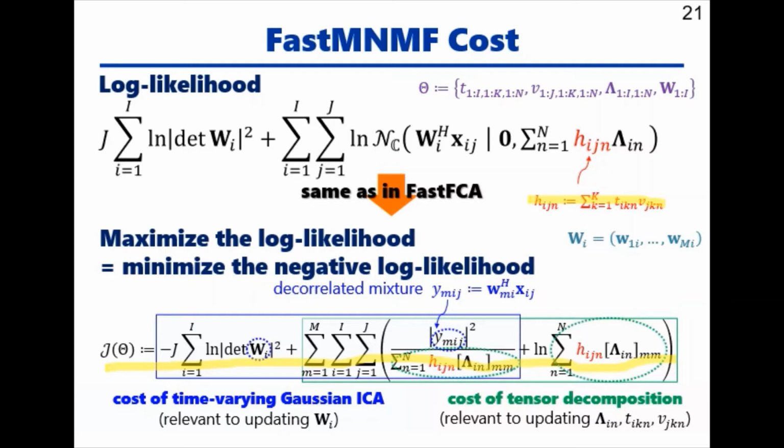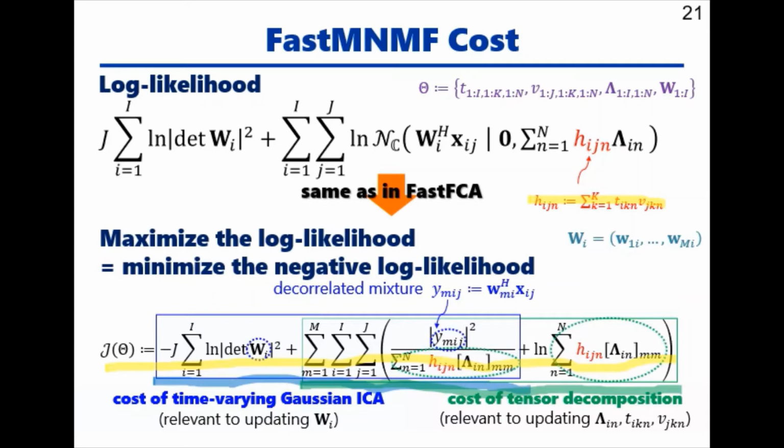Here, the blue part can be regarded as a cost of time-varying Gaussian ICA relevant to updating W. On the other hand, the green part can be regarded as a cost of tensor decomposition based on the Itakura-Saito divergence, which is relevant to updating lambda, t, and v.